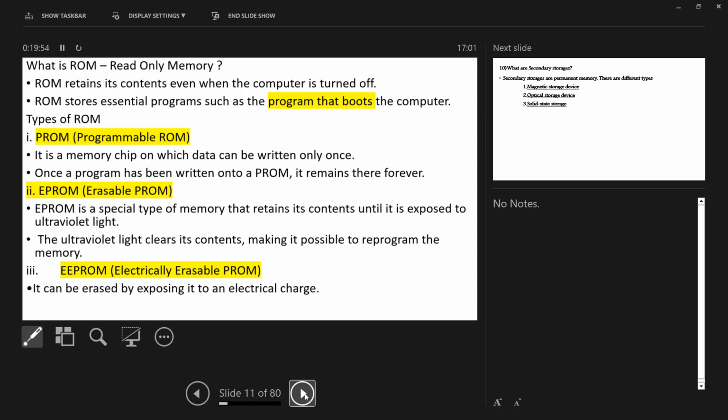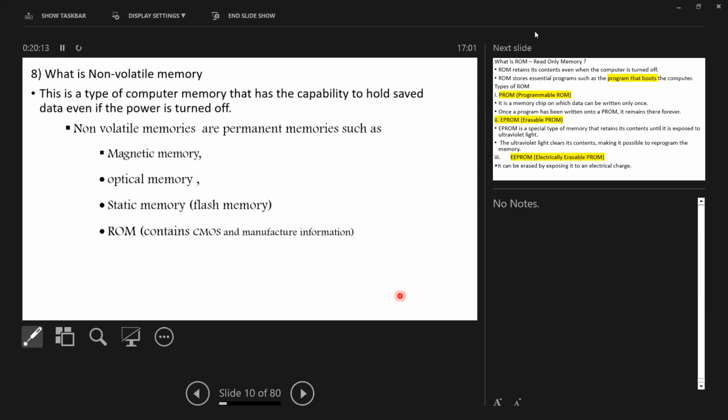EEPROM, electrically erasable programmable read-only memory, can be erased by exposing it to an electrical charge. So EEPROM can be erased electrically with the help of the electrical charge. First we'll copy down these two slides, then after that we'll move to the next one.